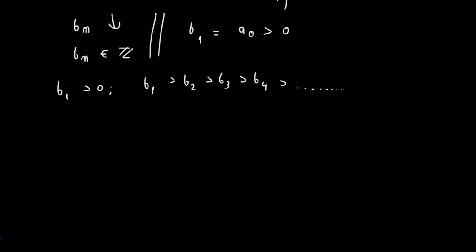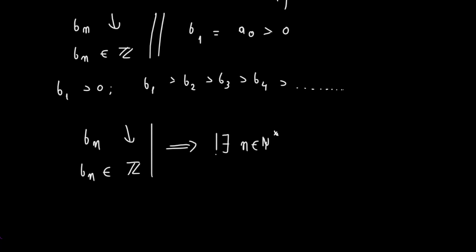So when b_n is a strictly decreasing sequence of integers, then there exists a unique n for which b_n is bigger than 0 and b_{n+1} is less than or equal to 0.